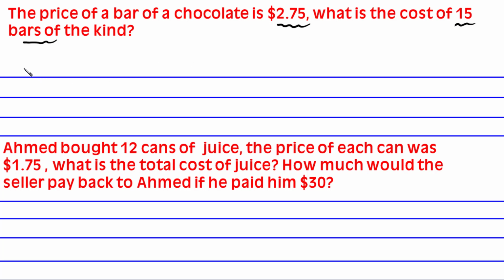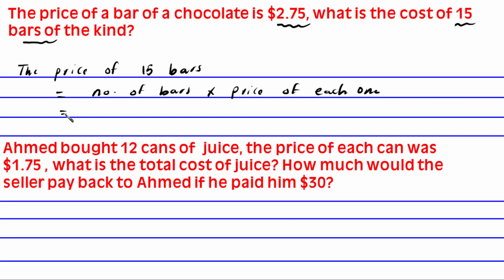We can write here the price, or the total price, as you like, of 15 bars equals what? Equals number of bars, which is 15, times the price of each bar.